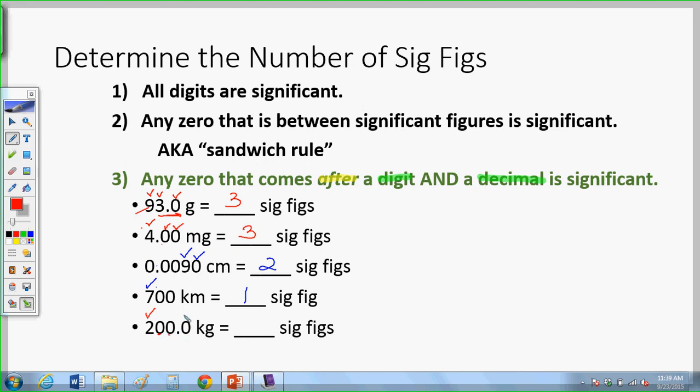This one is. This 0 is to the right-hand side of a digit, and it's to the right-hand side of a decimal. Anywhere to the right-hand side. Now I'm going to have to go and revisit rule number 2, the sandwich rule. So you don't have to do these in order. Notice how now these zeros are in a sandwich, or they are between significant figures. Therefore, I have 4 significant figures.